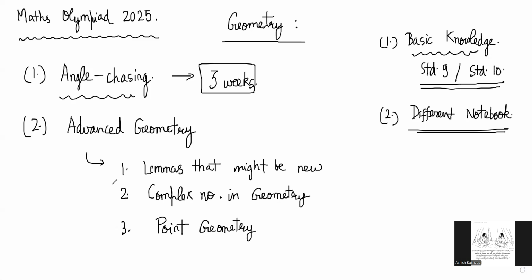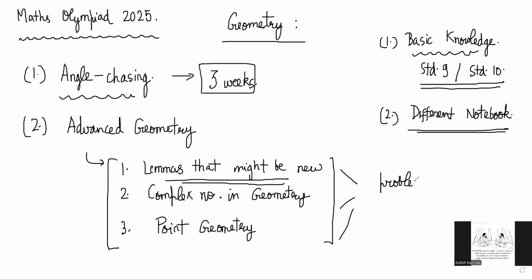So all of these three things are slightly advanced, and these are techniques that we will learn. This is theory, and we learn all of it through problems. Do it through problems and basically try to apply it in Olympiad problems. So those things will happen probably next month. This month is about understanding basic geometry and getting comfortable with angle chasing. Again, we are going to do it through problems.